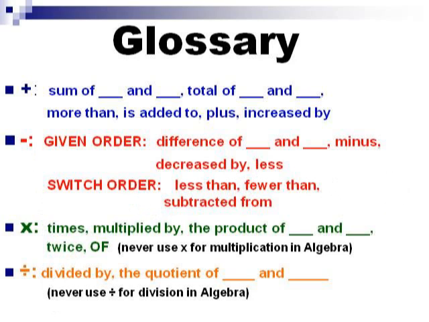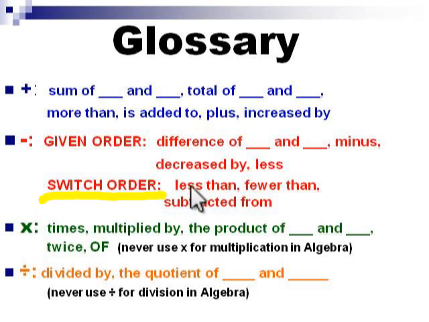A couple of things I want to point out. One of them is that for subtraction, you have this thing that says switch order. When it says switch order, that means whatever order the words come in the English part, you switch the order.